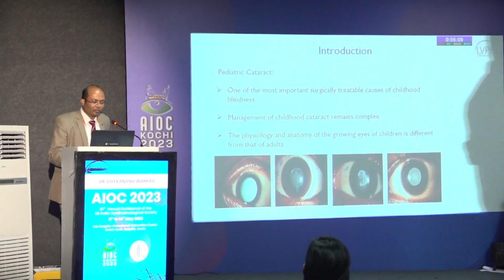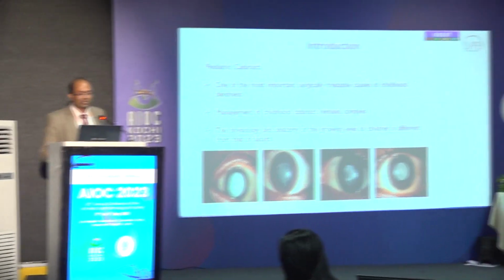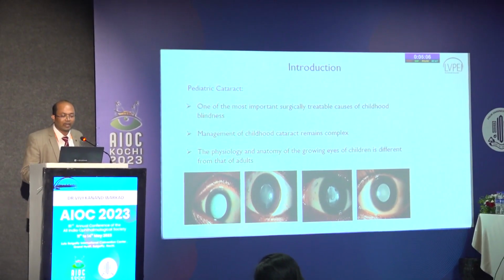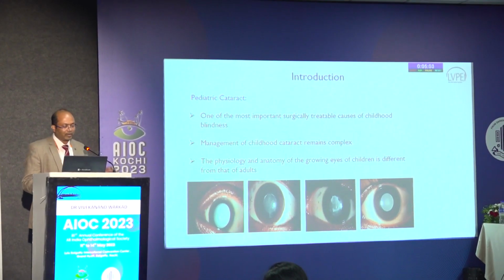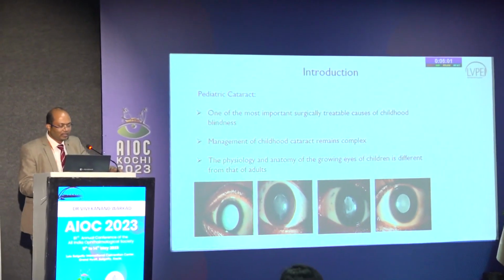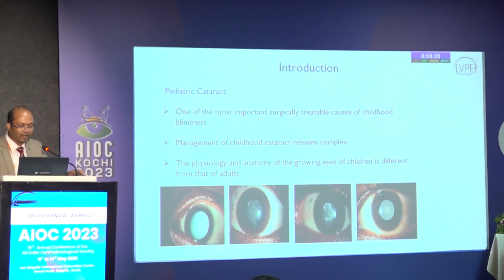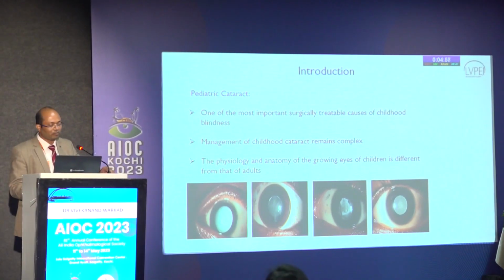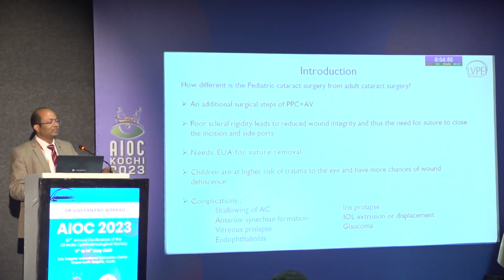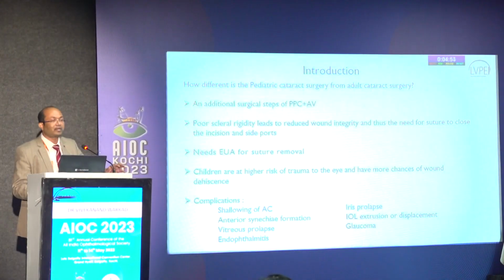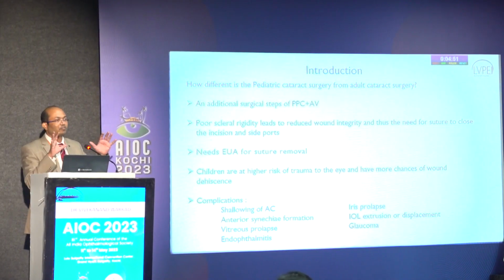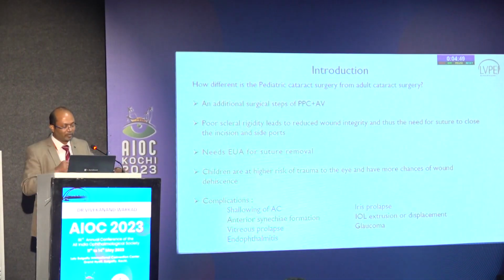We know that pediatric cataract is one of the most important surgically treatable causes of childhood blindness. Management of childhood cataract remains complex, and the physiology and anatomy of the growing eyes of children is different from that of the adult. So how different is pediatric cataract surgery from adult cataract surgery in the context of the use of suture material?